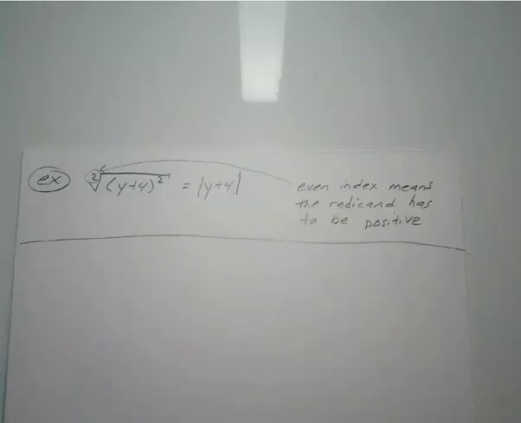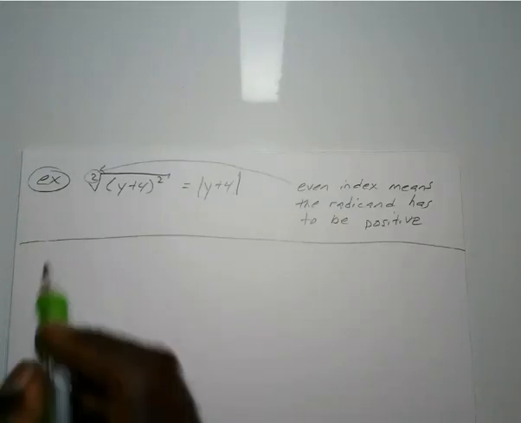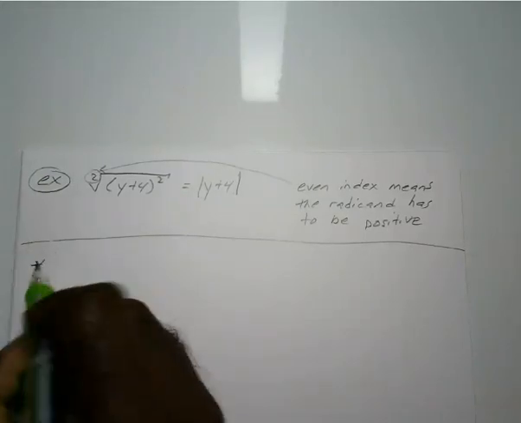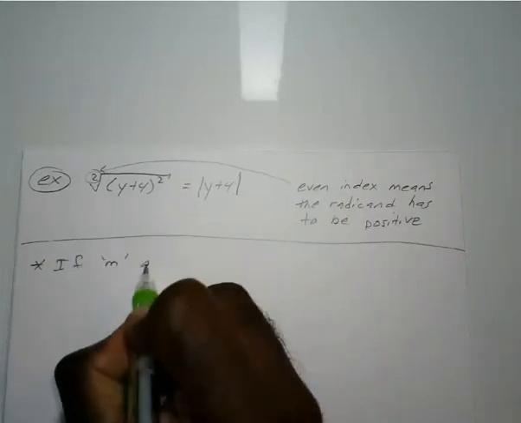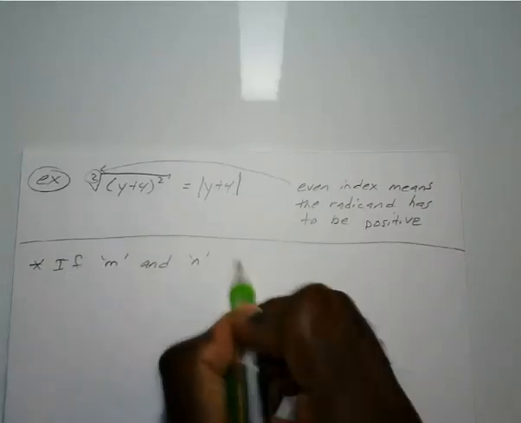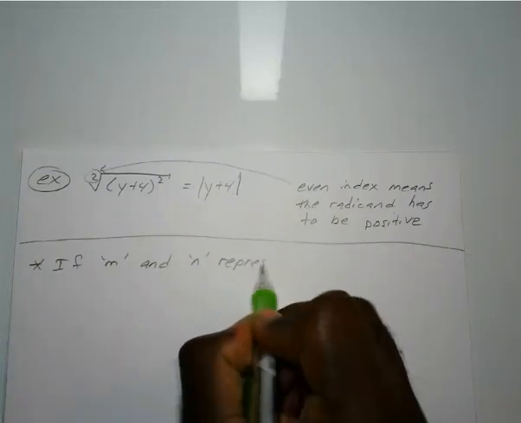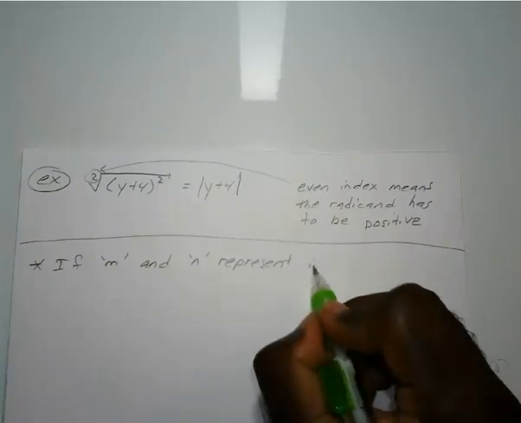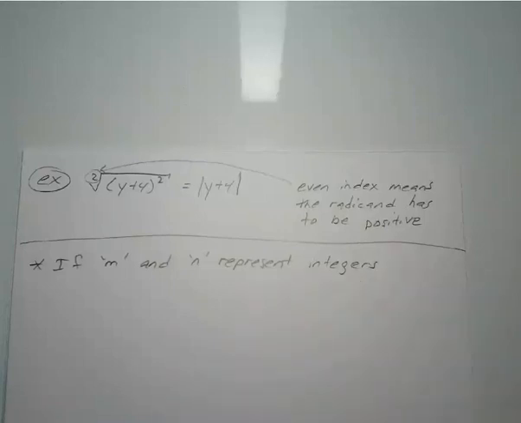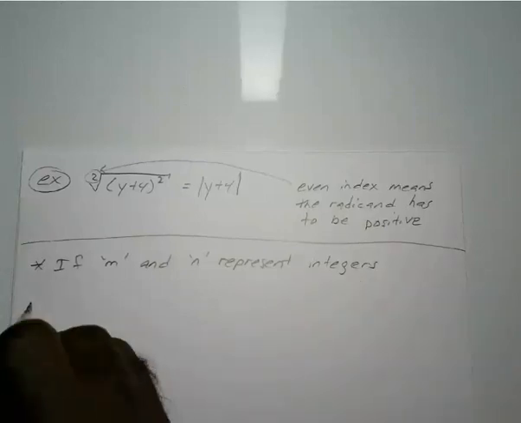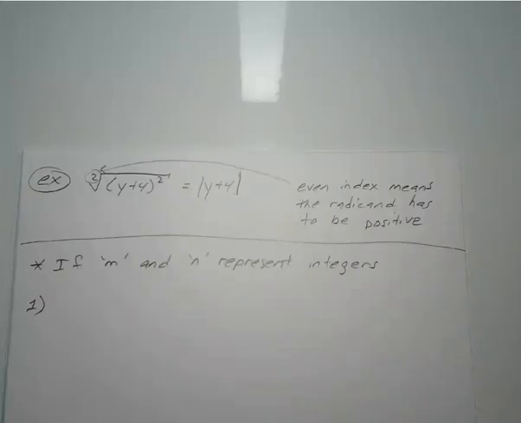So now let's say the letters m and n represent integers. So far we've been having our exponents with 1 as the numerator, but sometimes you'll have a different value as your numerator.